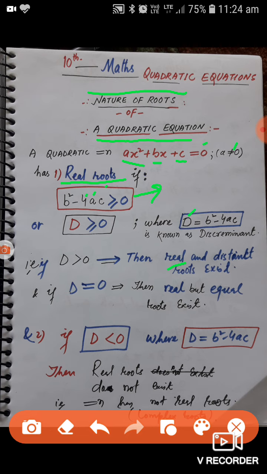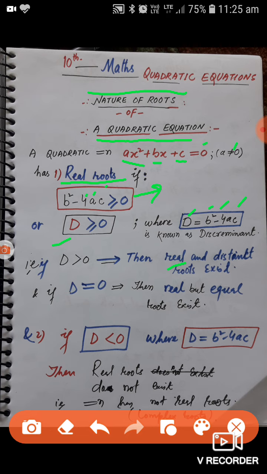So d is known as the discriminant of the equation. If d is greater or equal to 0, then the equation will have real roots, where d is the discriminant and is equal to b square minus 4ac, where a, b, c are the coefficients of x square, x, and c is the constant term.